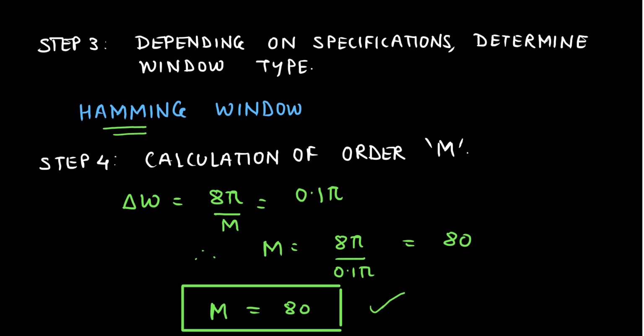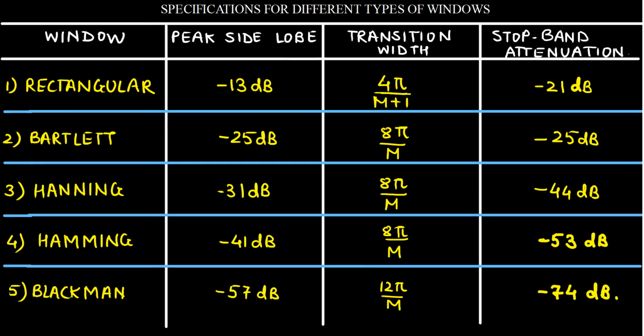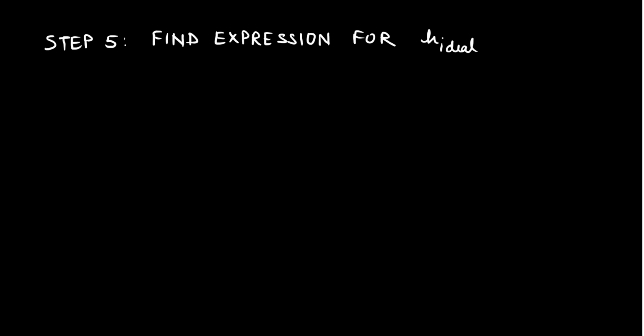After this, the next step is to determine the expression for the ideal low pass filter. So step 5 is to find the expression for the ideal filter, that is h ideal of n. And we are going to design a causal filter, so we need to consider the shifted version.